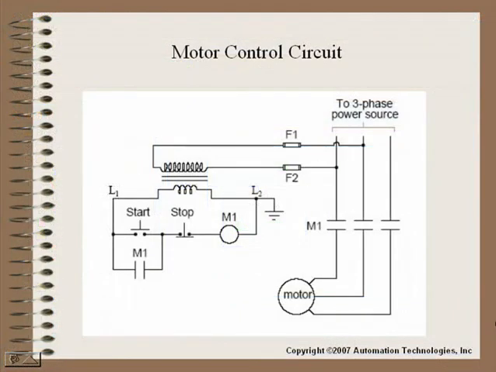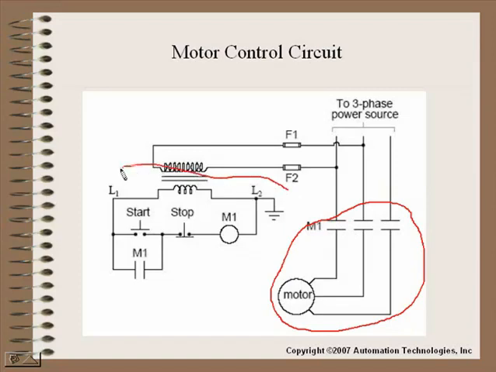Okay, let's stop for a second and step back outside the PLC and talk about what's really happening and what you're doing. What we have here is a standard motor control circuit. You have a three-phase motor right here, and your control circuit over on this side.